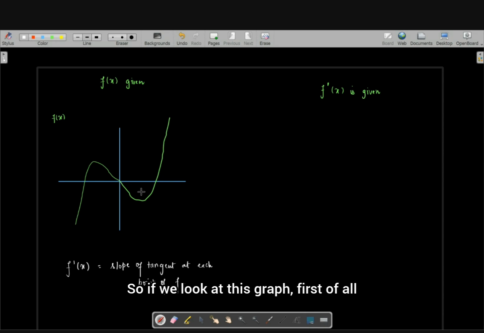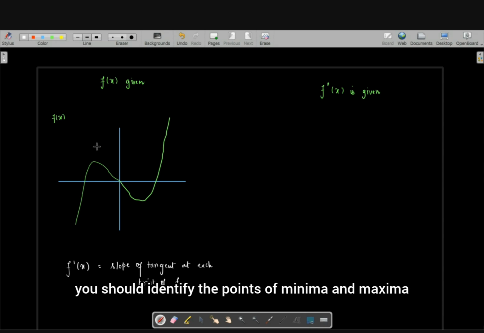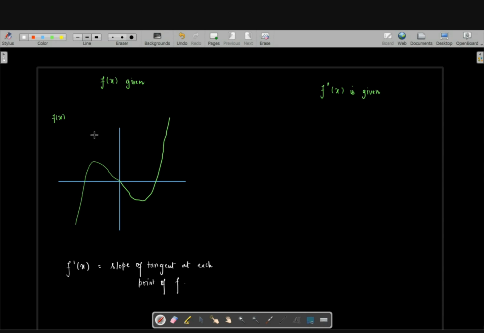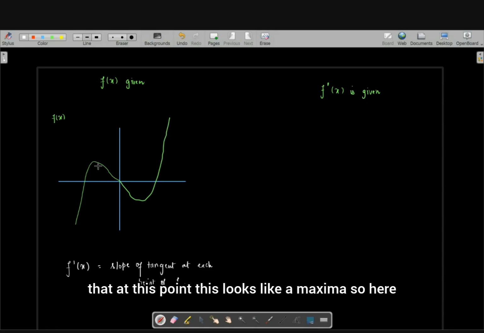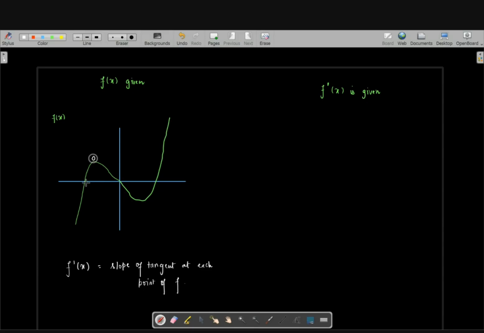If we look at this graph, first of all, you should identify the points of minima and maxima, because we know that at minima and maxima, f prime will be 0. At this point, this looks like a maxima. Obviously if you draw a tangent at this point, it will be a horizontal line, and the slope of a horizontal line is 0. Same thing here: if you draw a tangent, it will be a horizontal line.